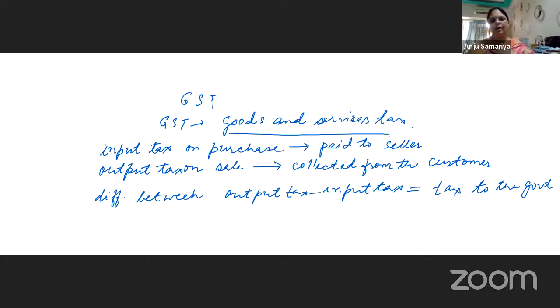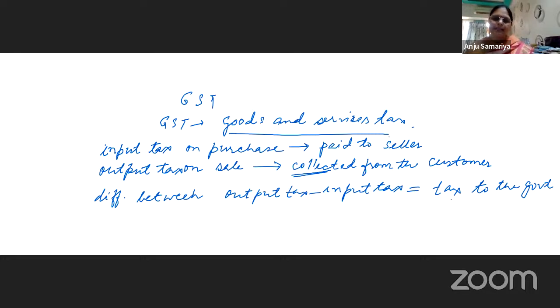Just suppose I am the shopkeeper. I have bought a few things. Suppose I buy a TV from a wholesaler, and suppose you are the customer. When you purchase from me, I'll put up the tax, and that tax I'm collecting from you on selling my TV set. So that is the output tax.